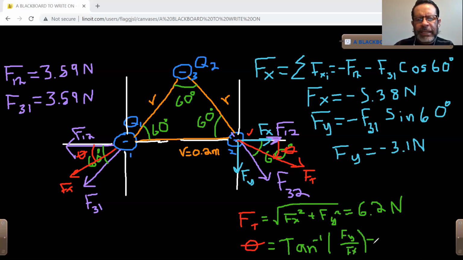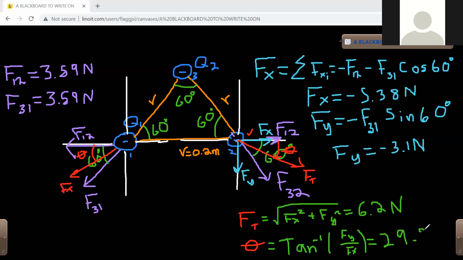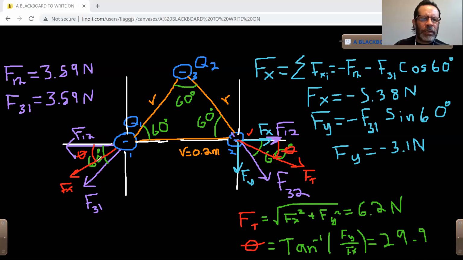I think that this one should also give us 30, right? Can somebody do the calculation, please? It's going to give us 29.9. 29.9, yes. Yeah, but it's going to be positive because I'm measuring it counterclockwise. I'm sorry.